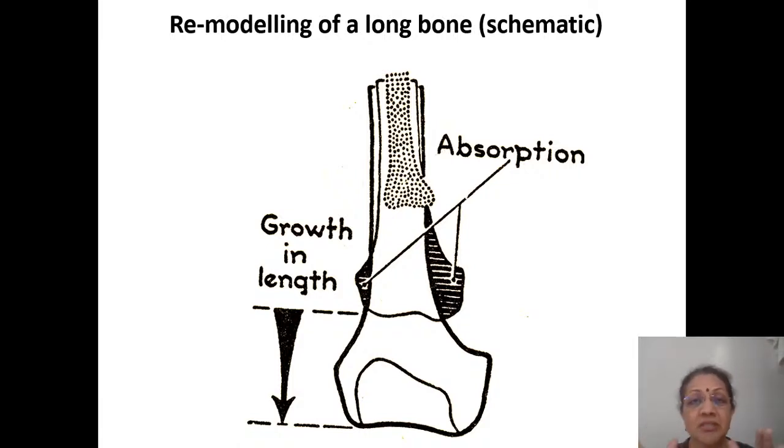So this whole process of changing its shape and its dimensions in response to a growth phenomenon or a response to environment phenomenon is called remodeling. It has to include some areas which will be absorbed and other areas which will grow in length and in shape.